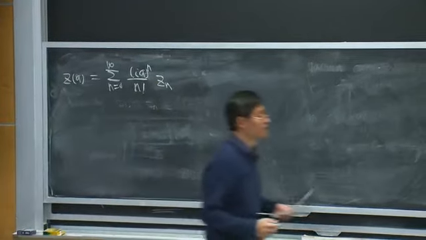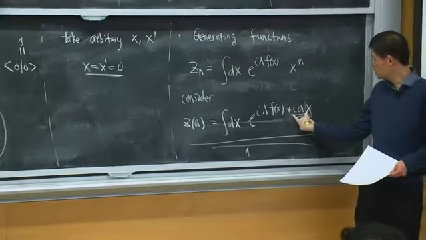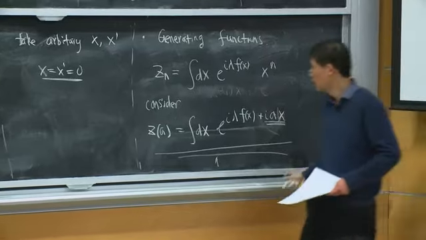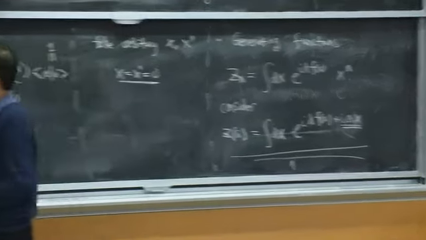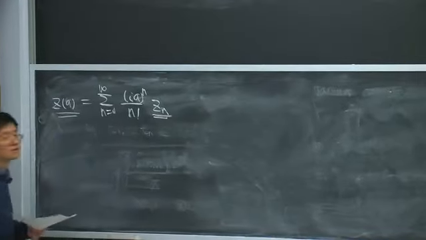If you expand this in a power series of A, then the nth term will give you x to the power n. So the Z_n would be the nth coefficient.